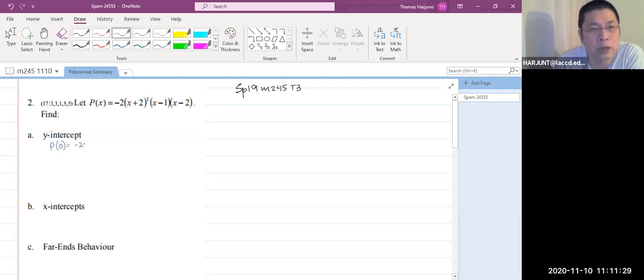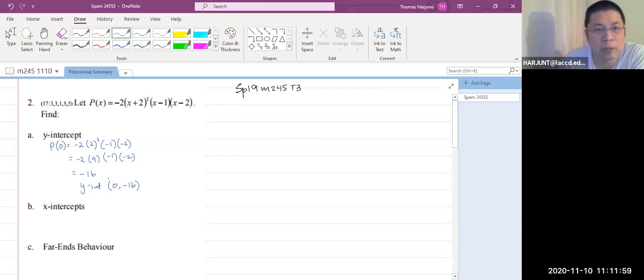P0 will be -2 times 2 squared times -1 times -2. It's -2 times 4 times -1 times -2. 3 negatives, that's negative. 8 times 1 times 2, 16. So the y-intercept is 0, -16.